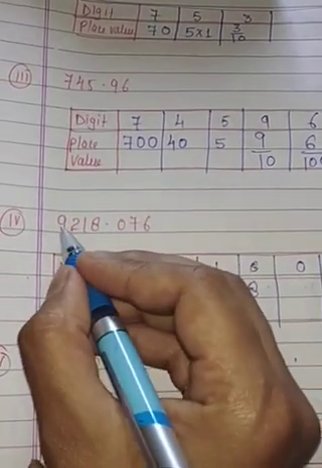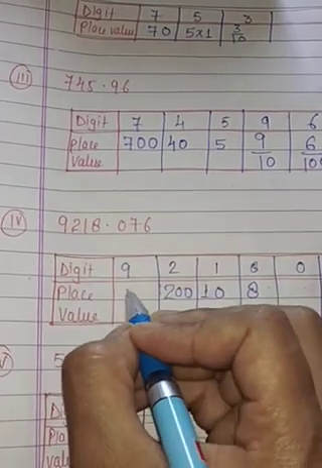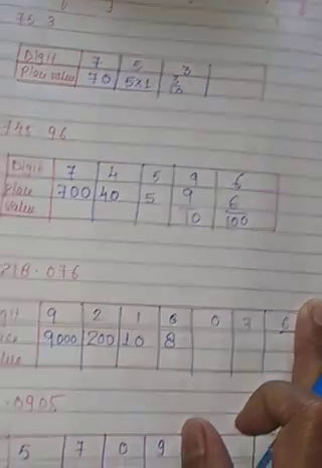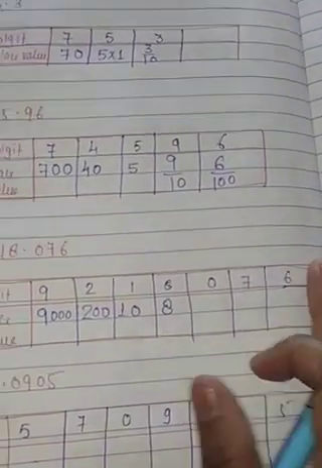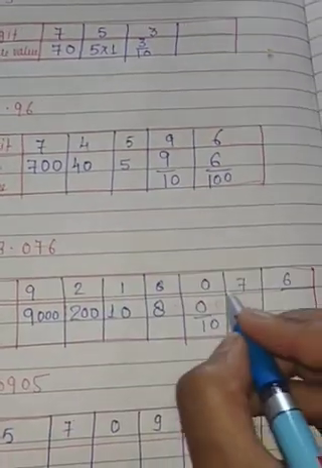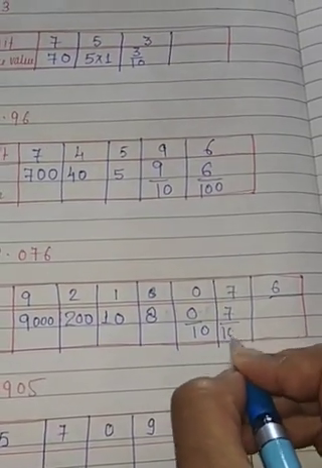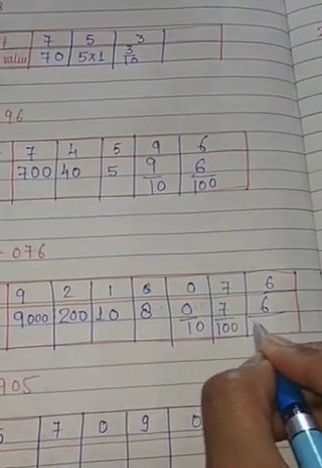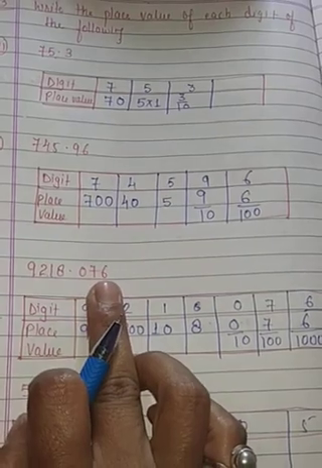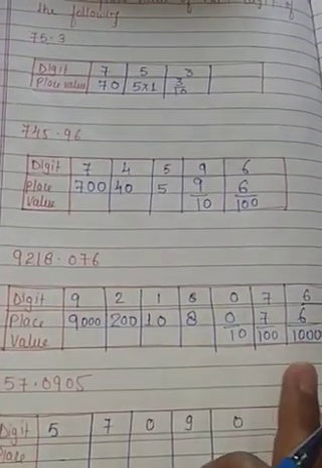And now 9 means 3 numbers after it, so I will write 1000. Okay, then after the point we will start from 0 upon 10. Okay, then 7 over 100 and this is 6 over 1000. So, beta, tenths, hundredths and thousandths. Okay, like this we will start.